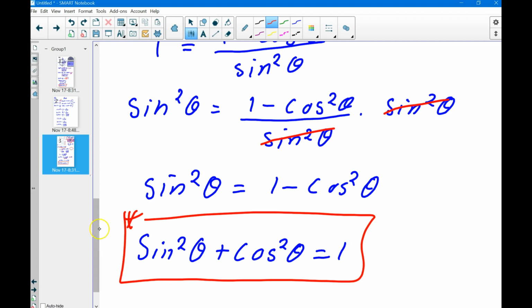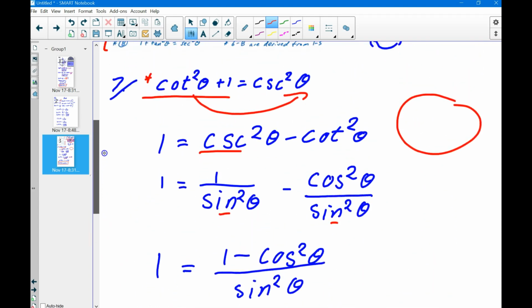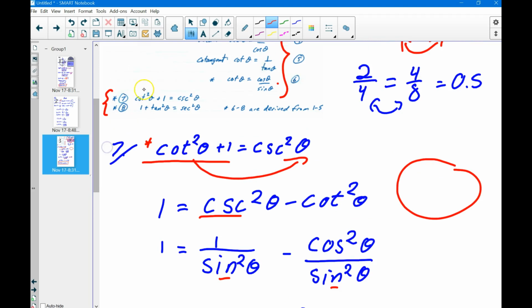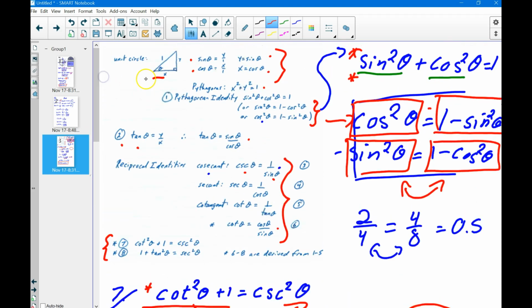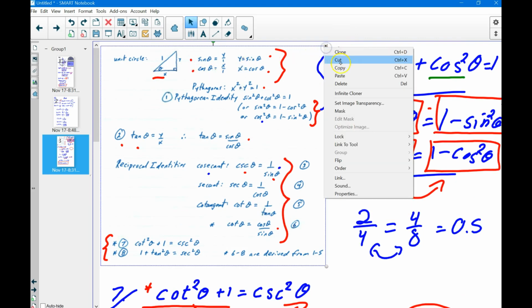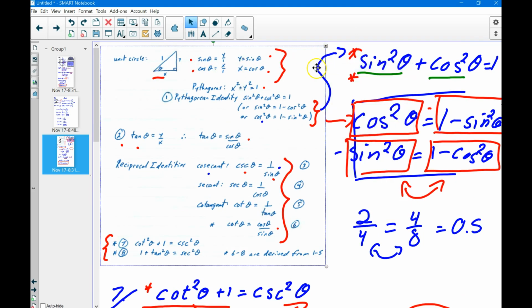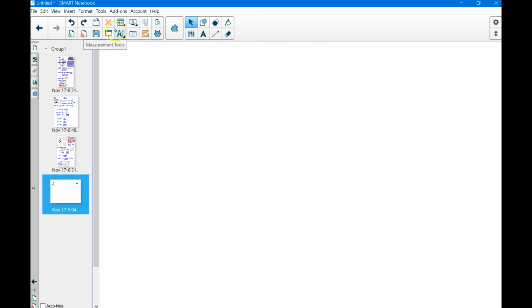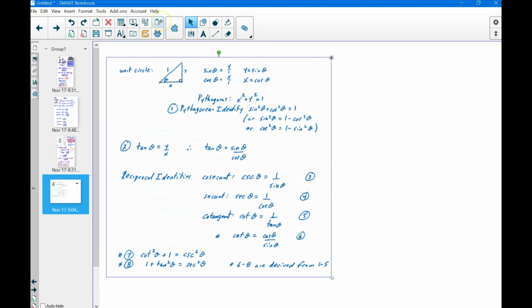Let's take the other one back. Versus 1 plus tan squared equals secant squared. Okay? So, what I want to do is take this 1 second up to the next page. There we go. Clean paper.